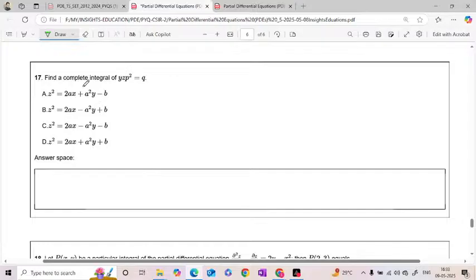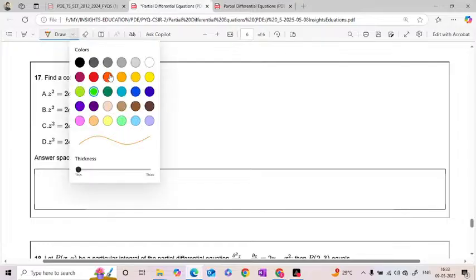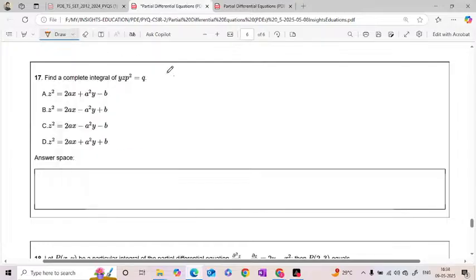Now this problem is related to Charpit's method. What is the structure of Charpit's method? Is it related to a special case of Charpit's method? Can you apply?